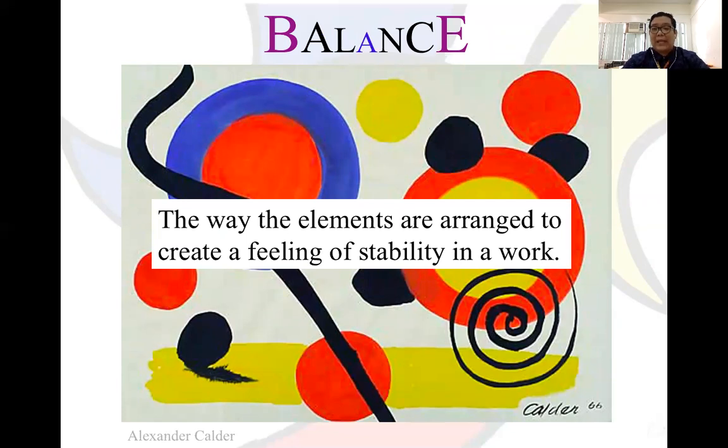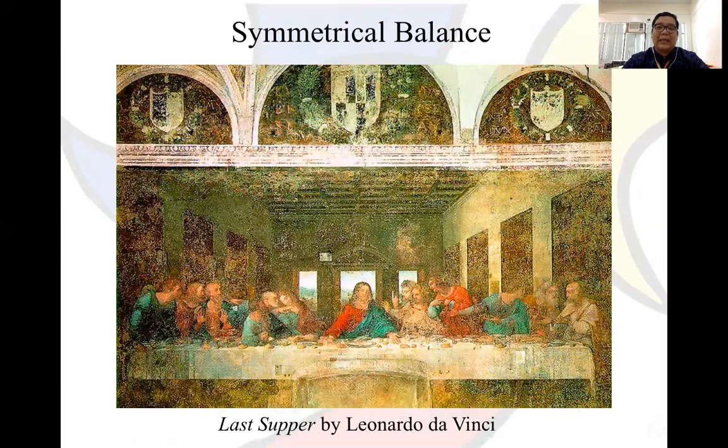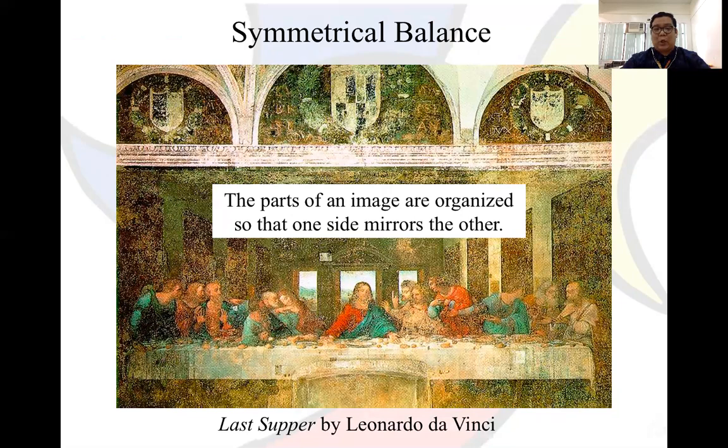This is the way the elements are arranged to create a feeling of stability in work. And balance comes in many forms. Two of these are symmetry and asymmetry. So when you say symmetry balance or symmetrical balance, this is wherein the parts of an image are organized so that one side mirrors the other.